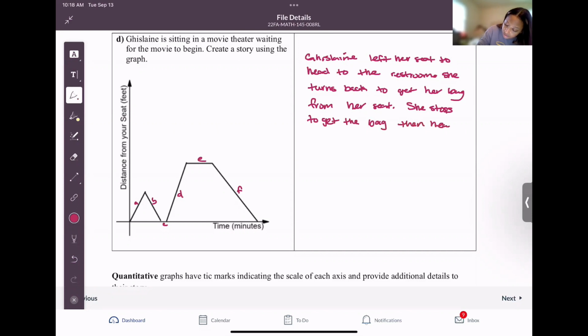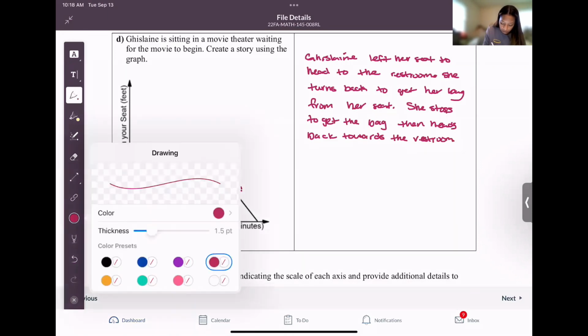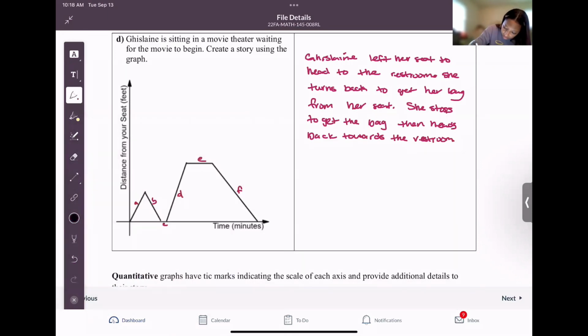Then heads back towards the restroom. All right, so just to be a little thorough here, this would match up with segment A, this would match up with segment B, this would match up with segment C, and then segment D.